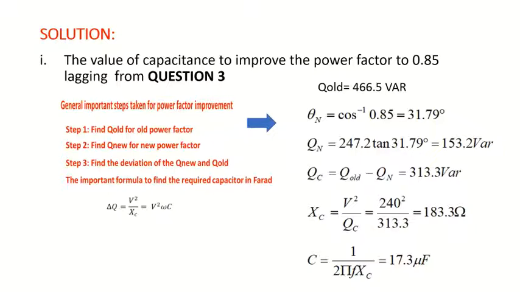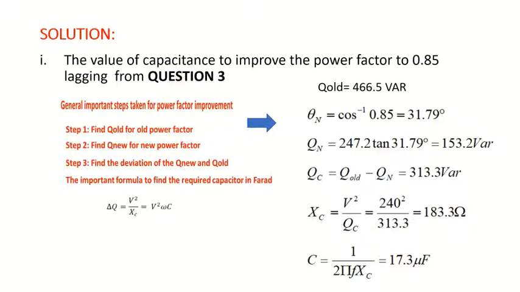The next step is to find the Q new for the new power factor. The Q new is equivalent to P times tangent theta, where the new theta is 31.79.